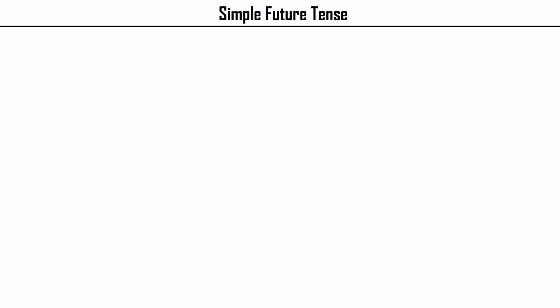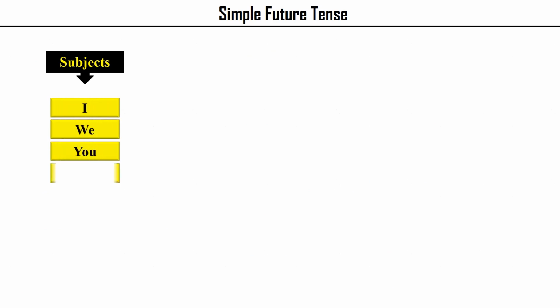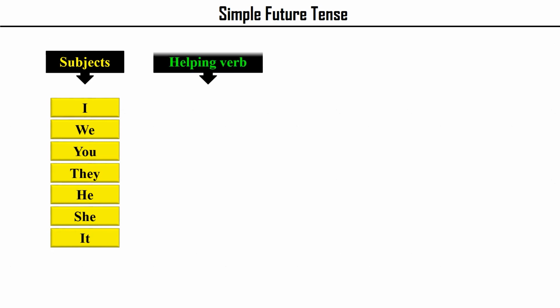Let's move on. Subjects that are used in the simple future tense: I, we, you, they, he, she, and it. Helping verb: we have only one helping verb in the simple future tense, will. Will is used with all the subjects.